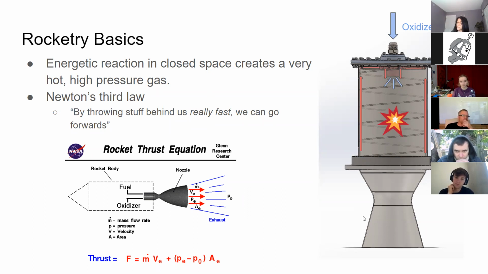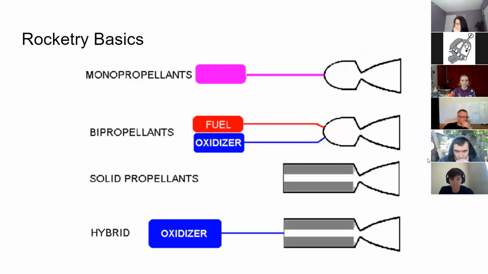And if you've taken a fluids course, you would know that as it expands in the nozzle, the exhaust velocity would increase and its pressure would decrease. But that's getting into a little bit of the weeds. All you really need to know is that if you can create a combustion in a small area, you can create thrust.